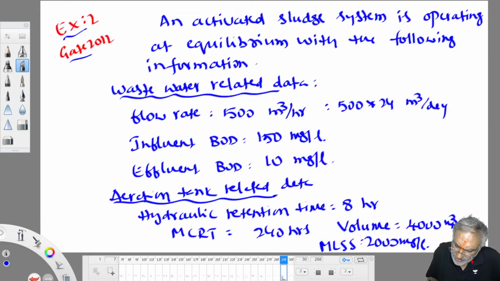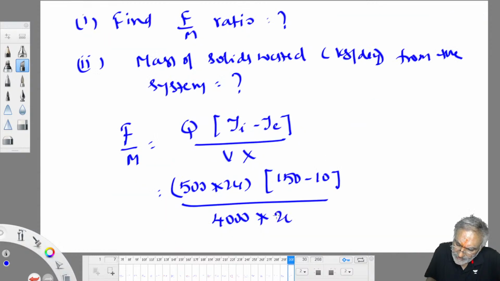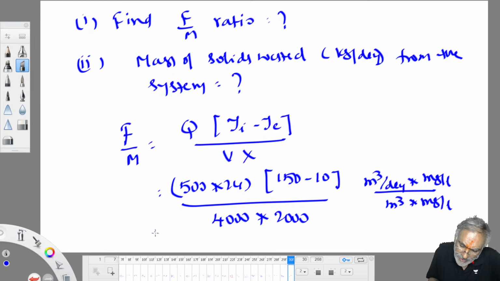X also given in the question, MLSS 2000 milligram per liter. So meter cube per day into milligram per liter into meter cube into milligram per liter. Okay, you will get 1 by day.